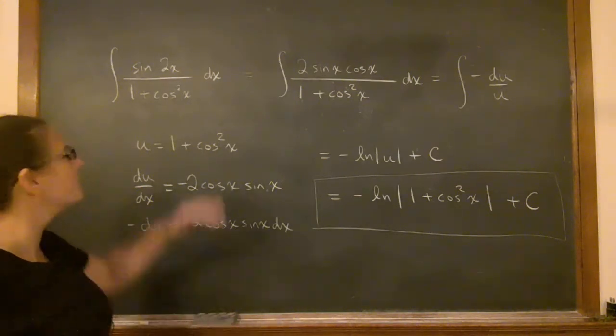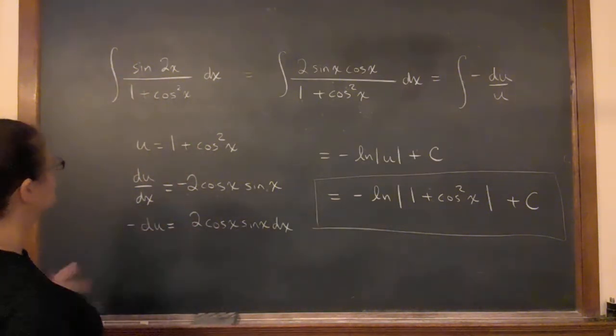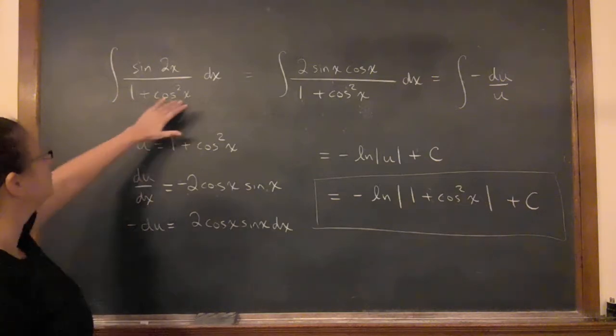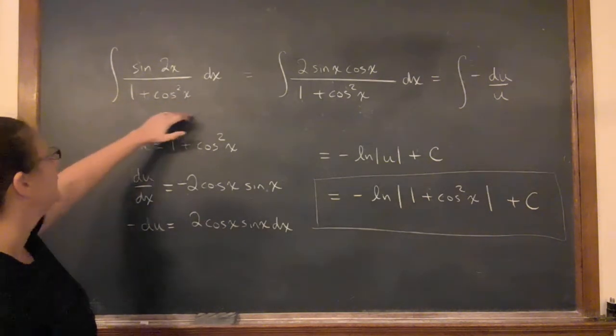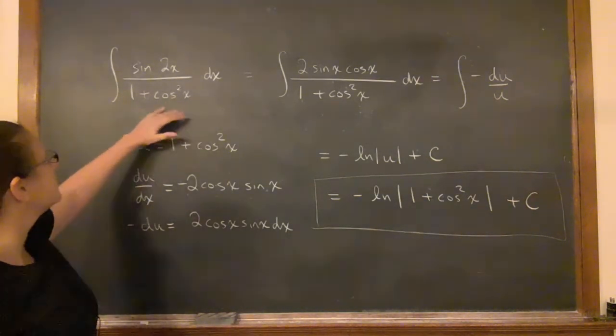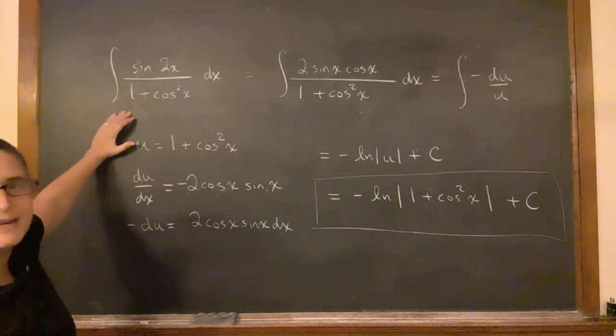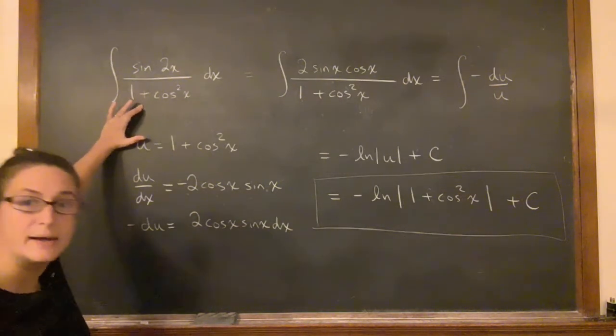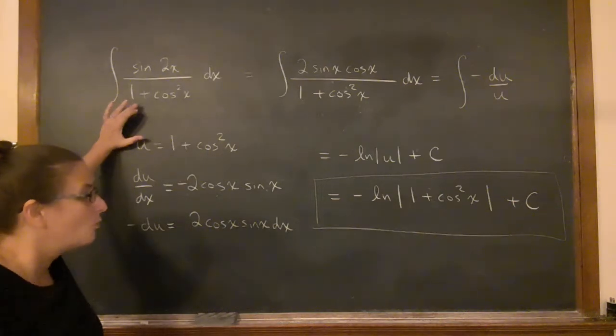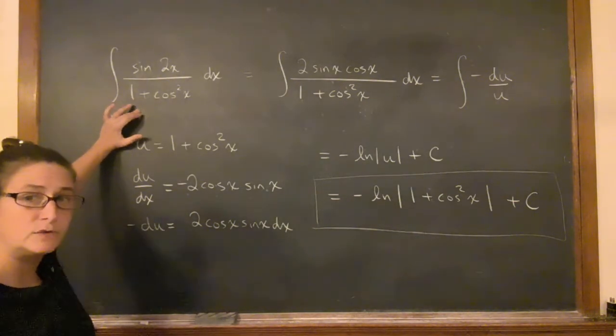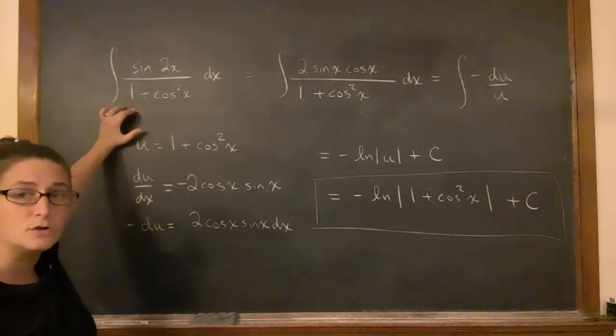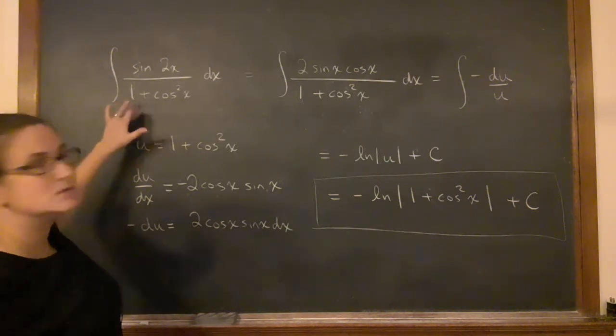But yeah, there are other ways of doing it. You could have kept it all 2x somehow or whatever. Do be careful though. It's tempting to say, oh, 1 plus cosine squared x, that's sine squared. It's not, because it's a plus here, not a minus, okay? So be very careful when using your trig identities that you're using them properly.